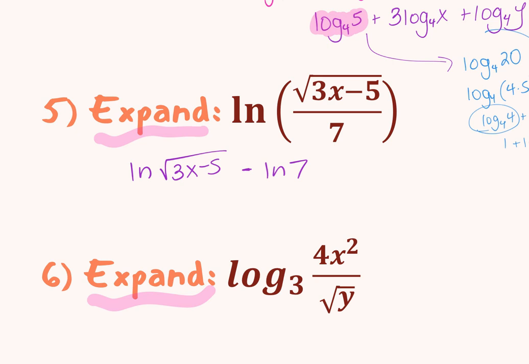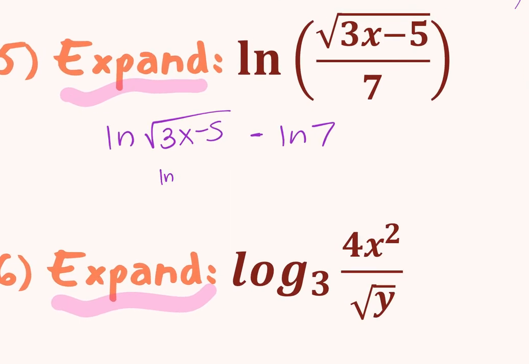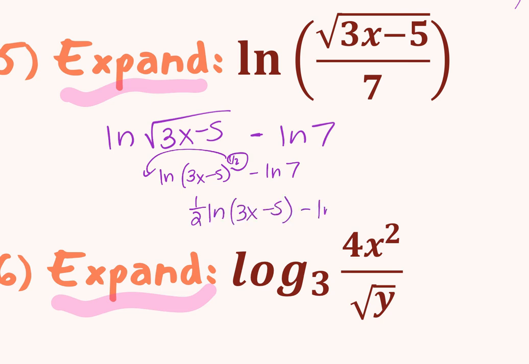What's the square root in exponential form? 1/2. So this is still an exponent, but it's disguised as a square root. This would be ln of 3x minus 5 to the 1/2 minus ln of 7. And then I can bump the 1/2 to the front. 1/2 ln of 3x minus 5 minus ln of 7.